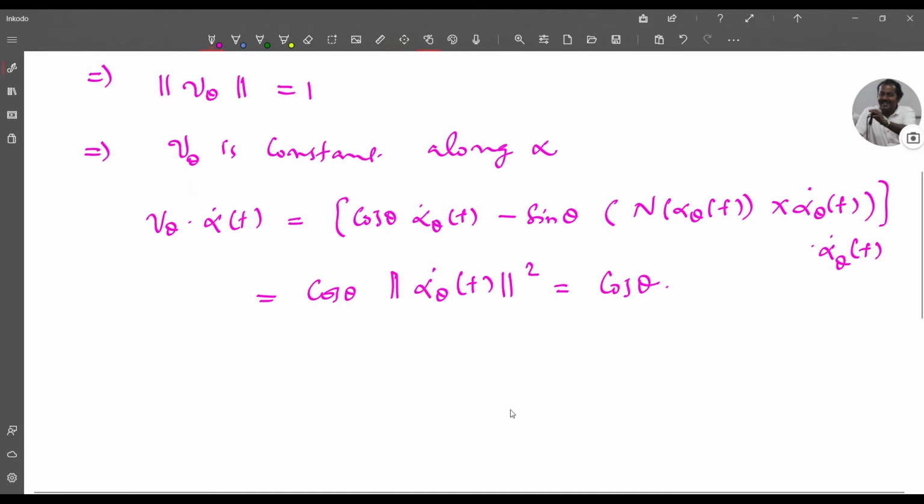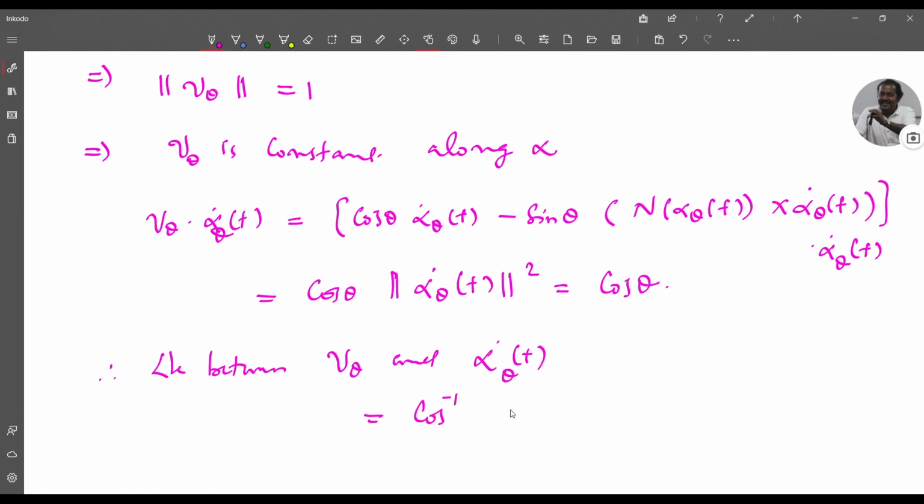Therefore, the angle between v theta and alpha theta dot of t is given by cos inverse of v theta dot alpha theta dot of t divided by norm v theta into norm alpha theta dot.